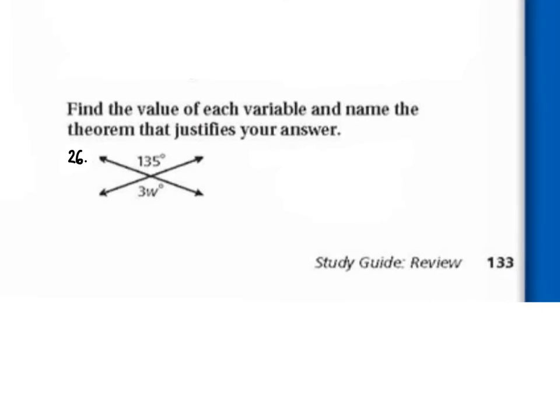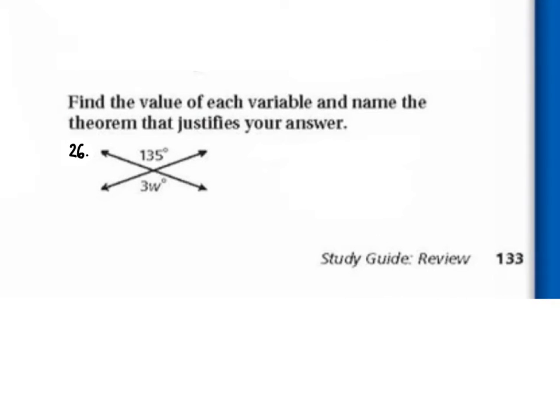Okay, so now let's look at 26. Find the value of each variable and name the theorem that justifies your answer. So how can we find W here? 3W is equal to 135. What theorem tells us that these two are equal?